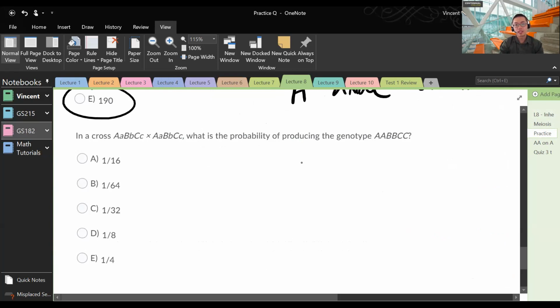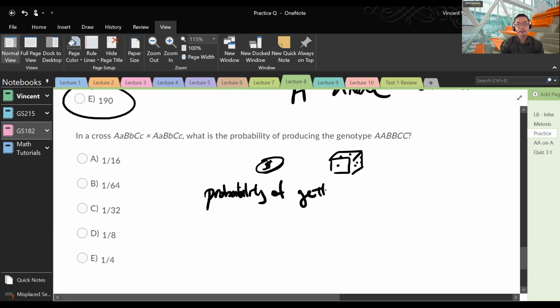Again, a little bit of statistics background in case you haven't done it in math yet. So let's say I have a coin, and I have a dice. What's the probability of getting a head plus a 4?